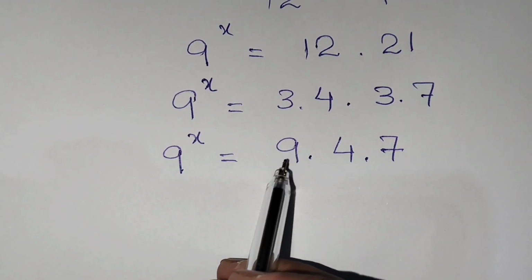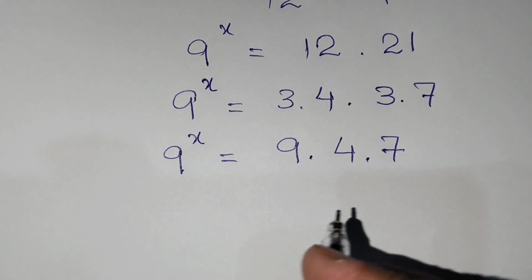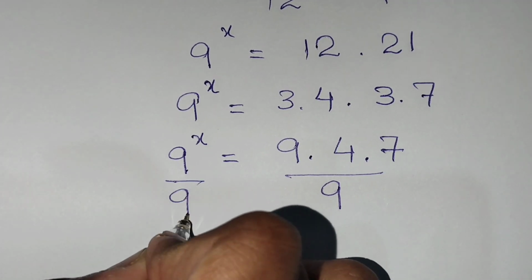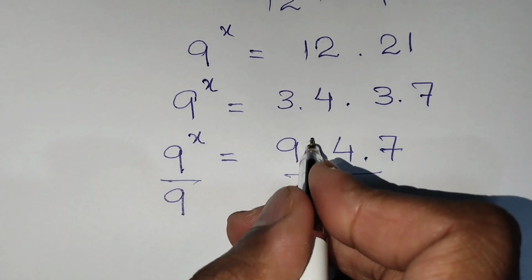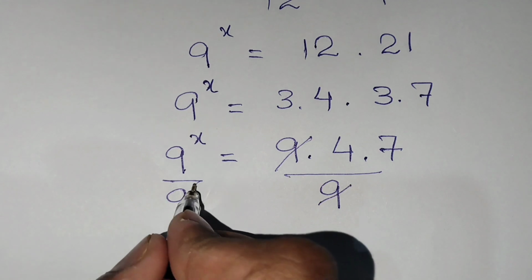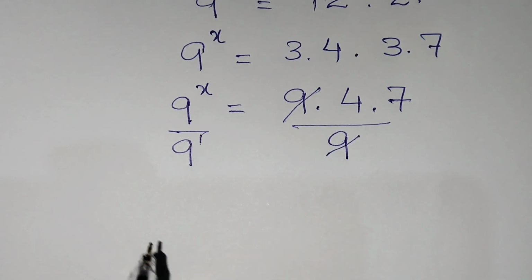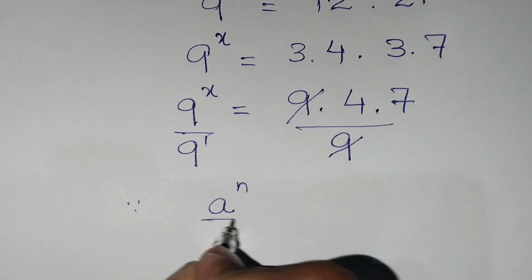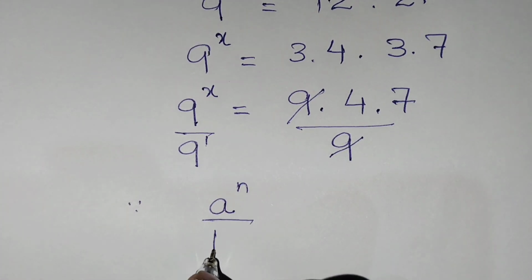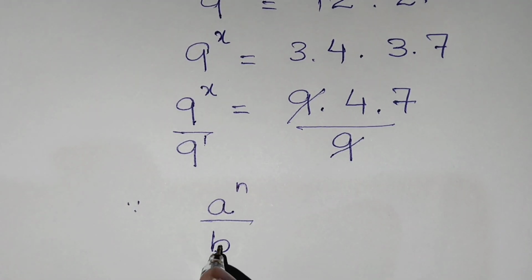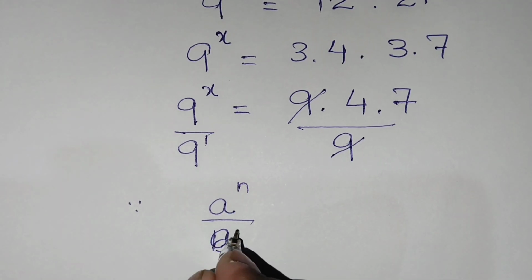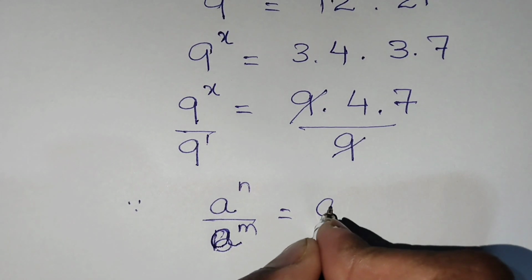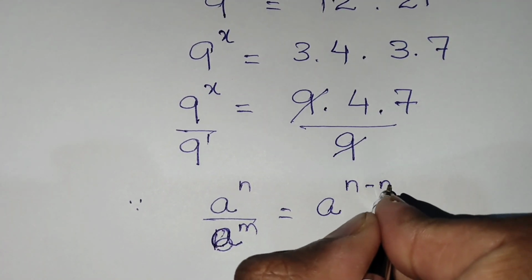Divide 9 on both sides of the equation. Nine cancels with 9, leaving 9 power 1. We know that a power n over a power m can be written as a power n minus m.